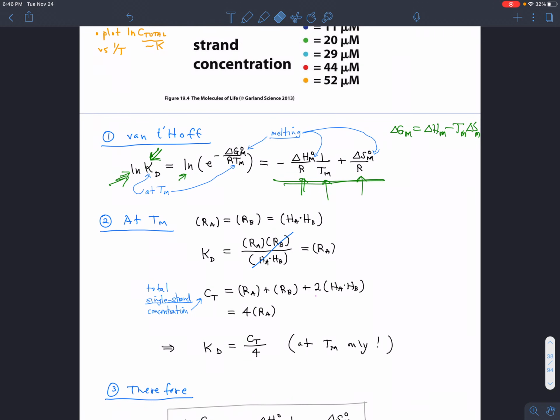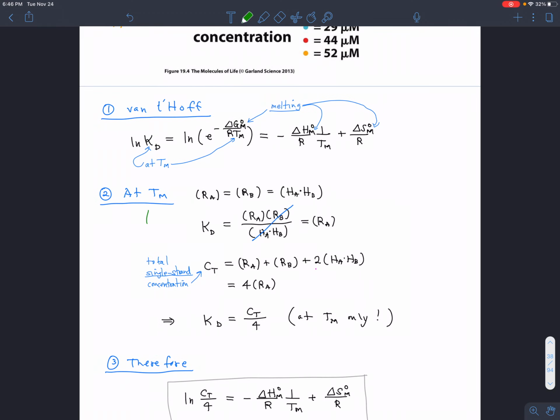But we don't know the KD over here, right? In fact, the KD is going to change as the temperature changes. So how do we deal with that? Well, it's going to change as the temperature changes, but it's also going to change as the concentration changes. At the melting point, we already have that all these concentrations are equal. Well, KD is equal to the equilibrium concentration of each of the two strands on top, divided by the equilibrium concentration for the double-stranded DNA on the bottom.